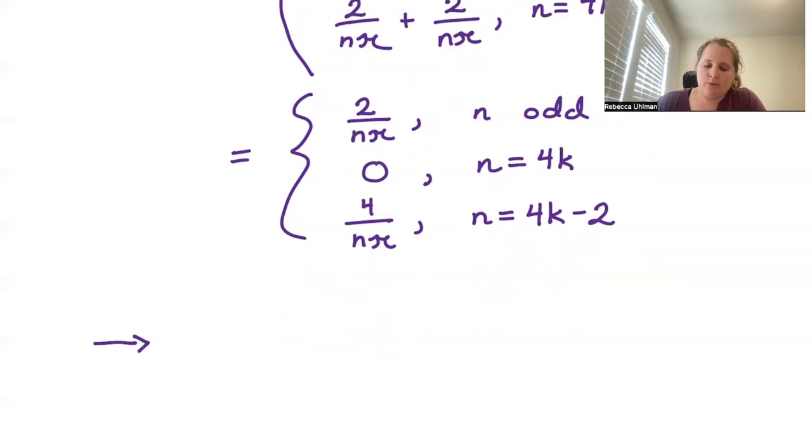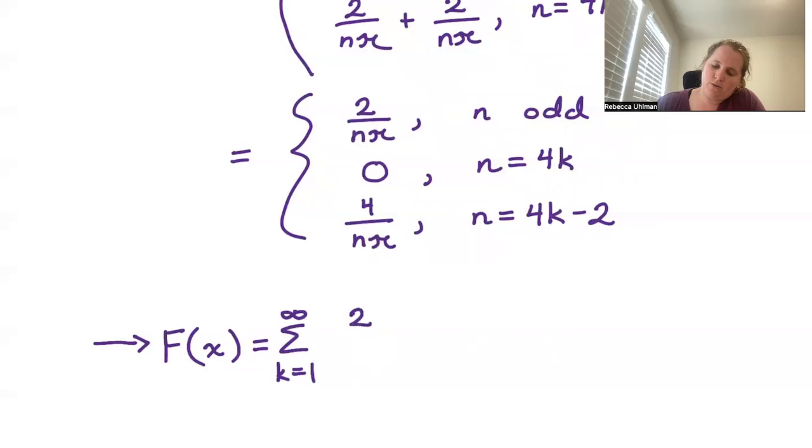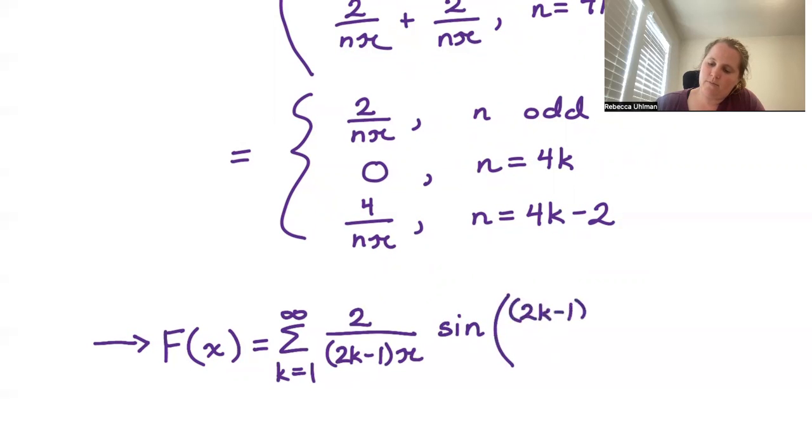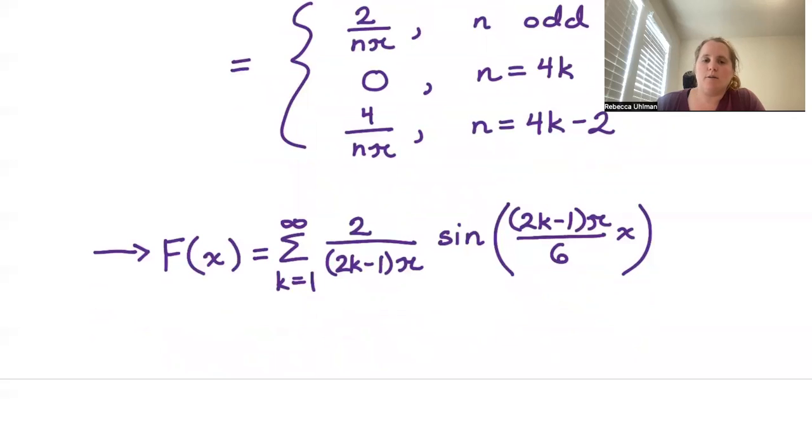So rewriting this out, we get our f of x is equal to, I'm going to do this as 2 separate sums. We'll have the sum from k equaling 1 to infinity of 2 over (2k minus 1) times pi times sine of (2k minus 1) times pi over 6, and then times x. That's our odd component.